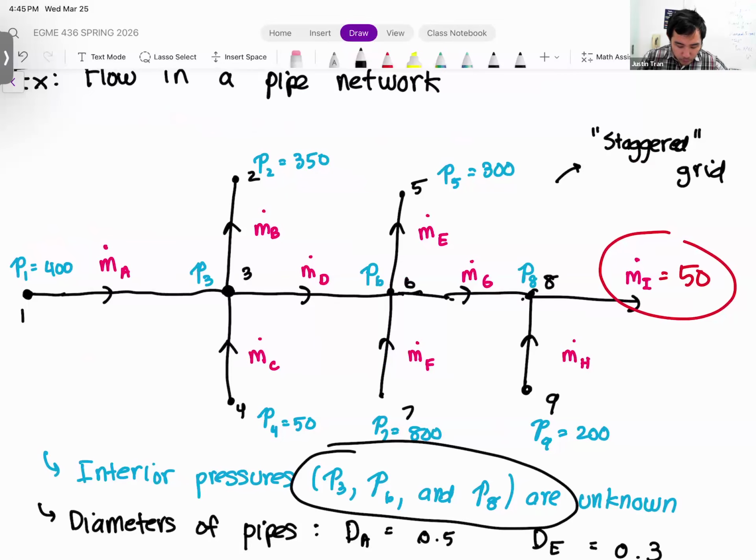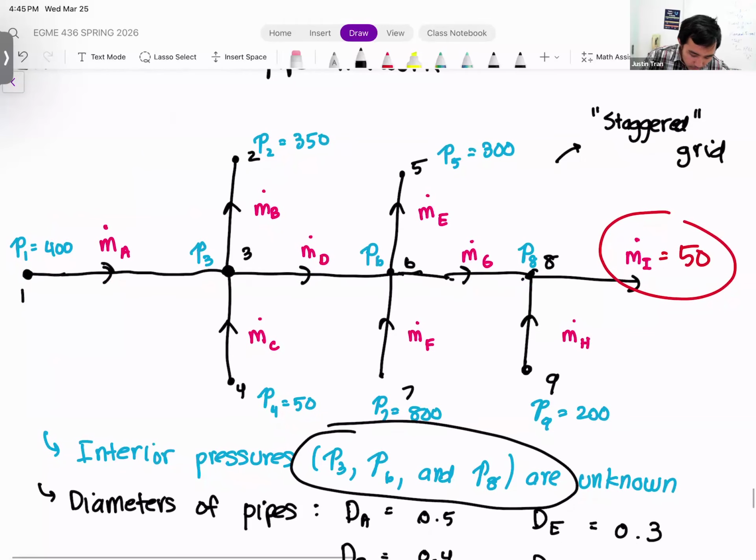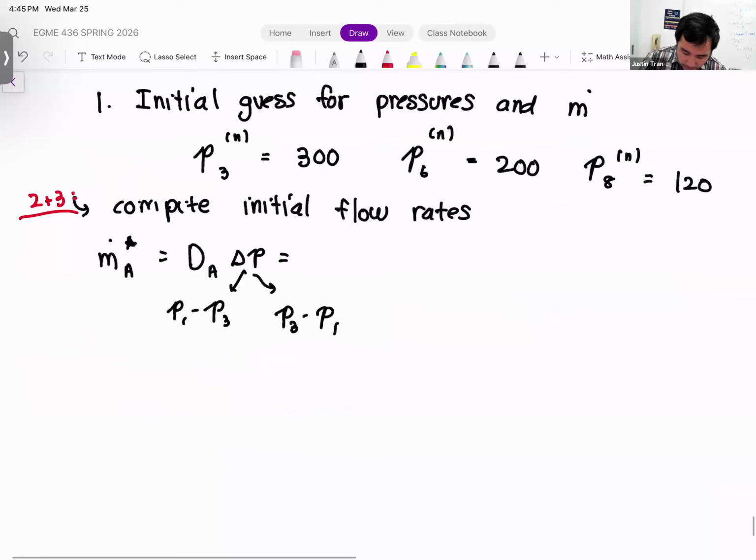For this particular figure, we can see that we've drawn an arrow that goes from node 1 to node 3, okay? By doing so, we're making the assumption that flow is going to go from pressure P1 to P3. Because of that, the delta P that we pick is going to be this one right here.